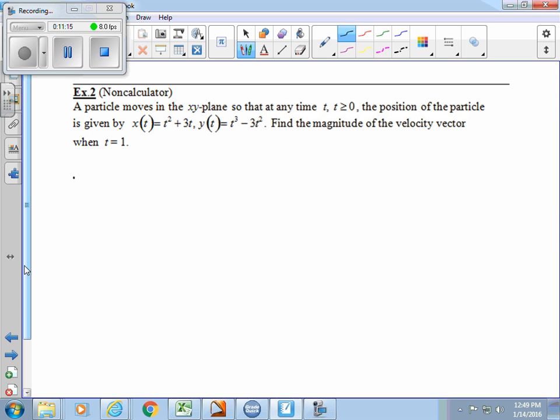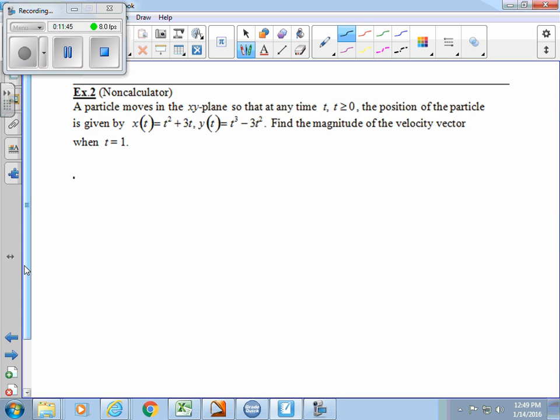A lot of these problems, when I went through and made your test and your AP packet before I made any notes, it was very hard for me to even pick out if a problem was a vector problem or a parametric problem, because they look so similar on paper.